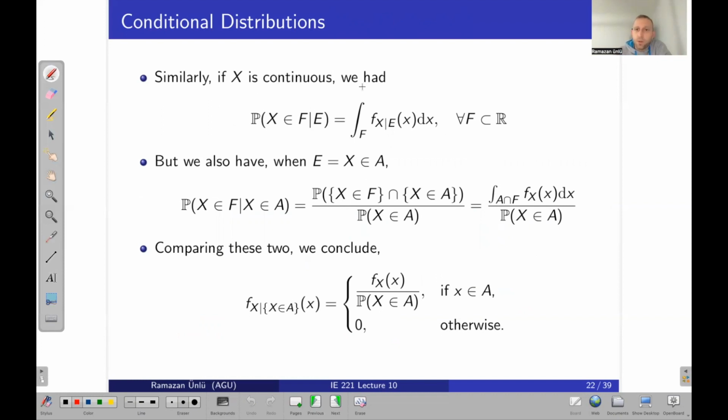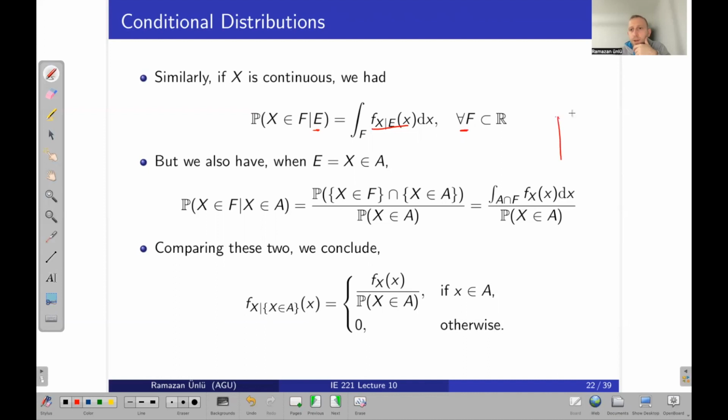If x is continuous, we have the probability of x in F. So x will take some values from F, given some piece of information that is defined as the event A. In this case, I have to integrate the conditional PDF, the modified PDF, over the domain of F, because x will take values from F, and that is valid for every F. But we also have the case where the event E is x in A, so again x and A come from the same region.